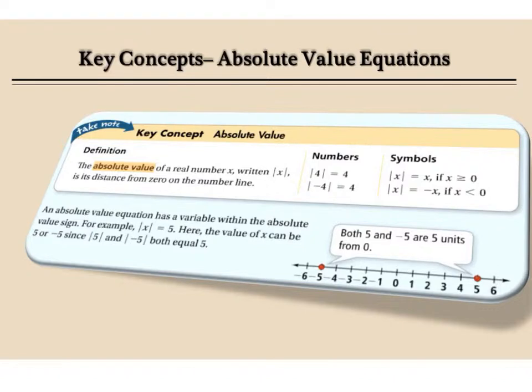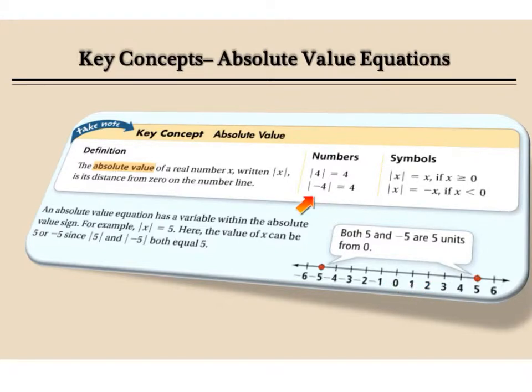Alright, if you remember, the absolute value of a real number is written like this, and it is the distance from 0 on the number line. So if you had the absolute value of 4, when you count, 4 is 4 spaces away from 0. Start here at 0, 1, 2, 3, 4.